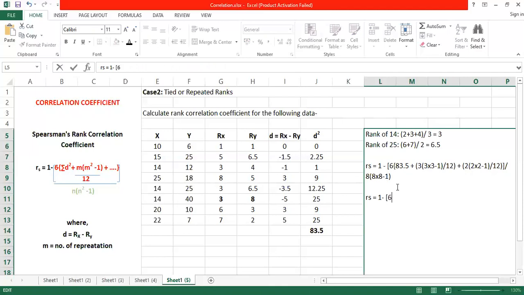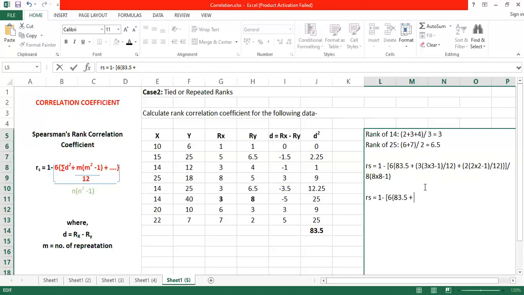Now see 6. I need to close this as well, right? So fine. So 6. Now 83.5 plus. Now see 3 into 3 is 9. 9 minus 1 is 8. 8 into 3 is 24.